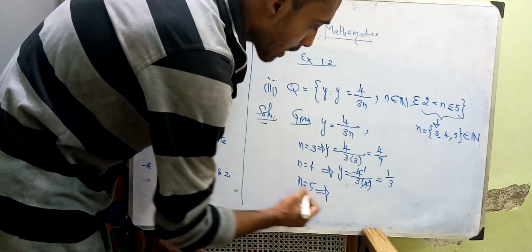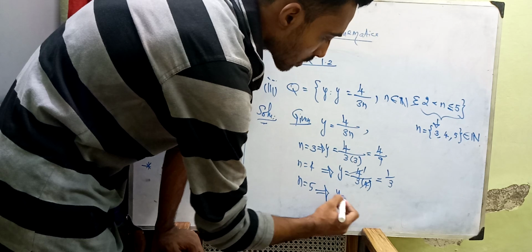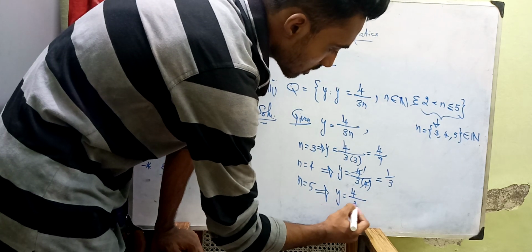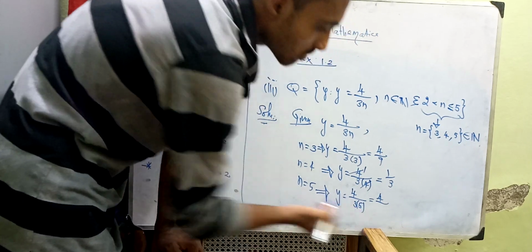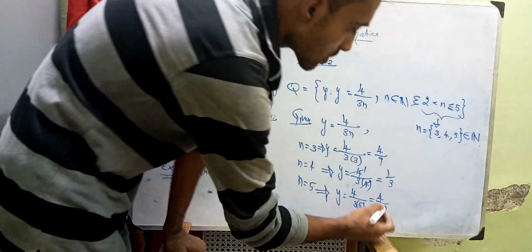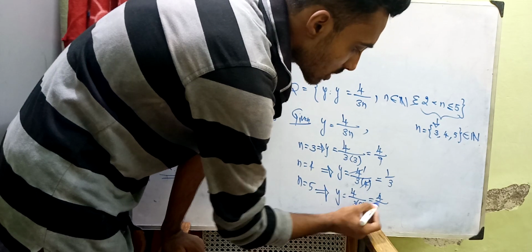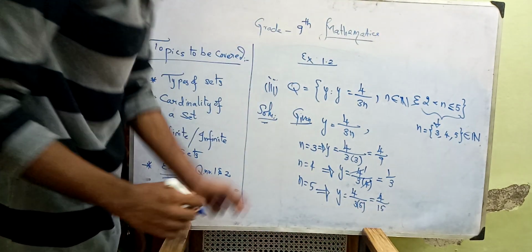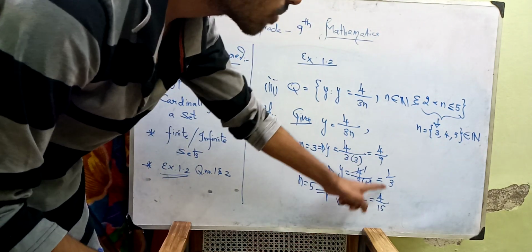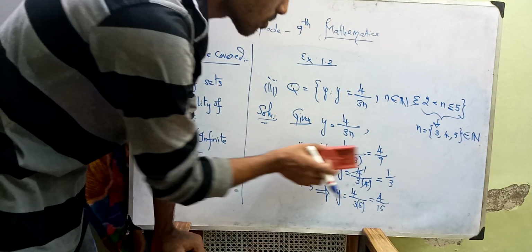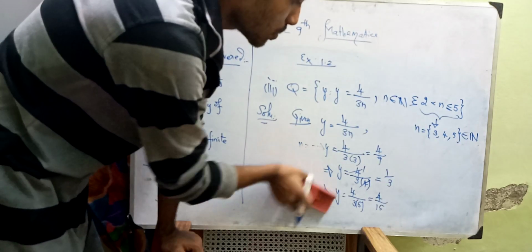What if I put n equal to 5 in y? So y is equal to 4 upon 3 into 5, and 4 cannot be cancelled with any value in the denominator, so let it be multiplied. 3 fives are 15. What is the value of Q then? Q has 4 by 9, 1 by 3 and 4 by 15.